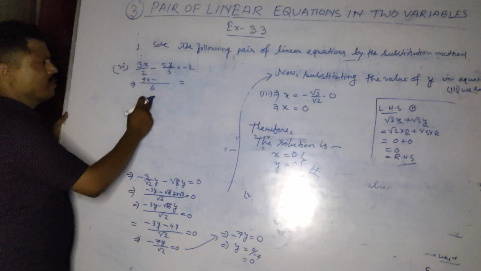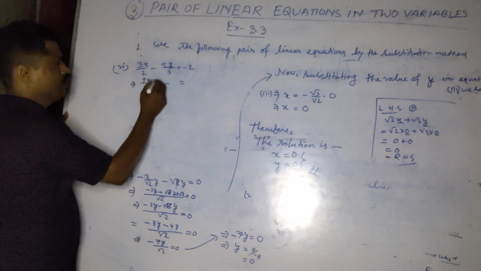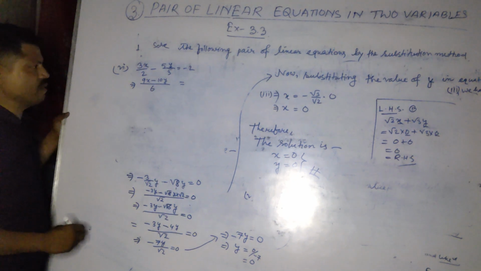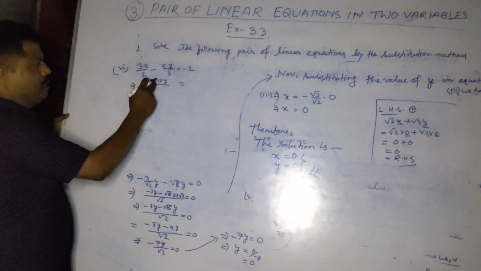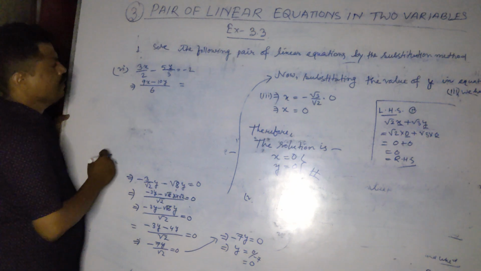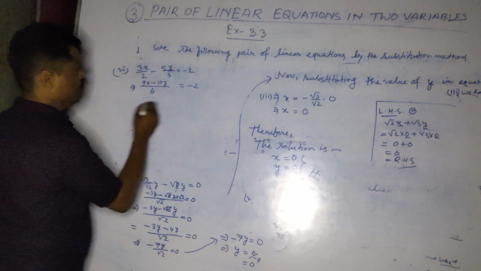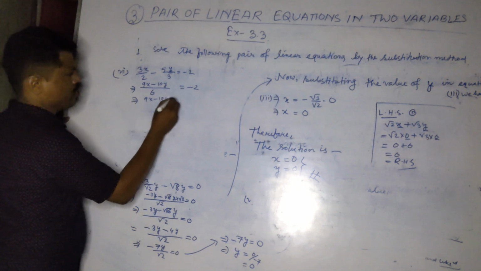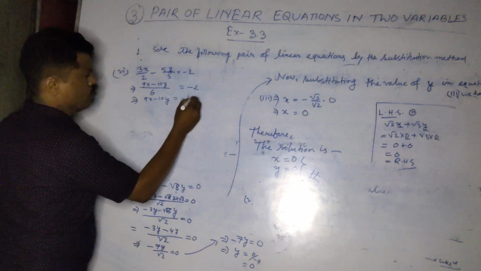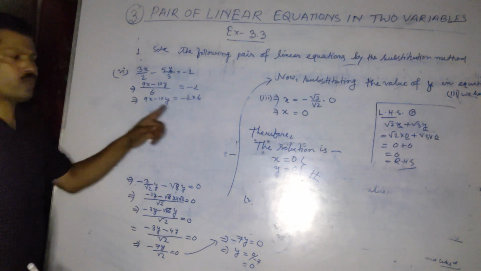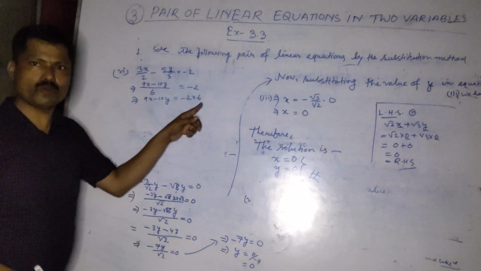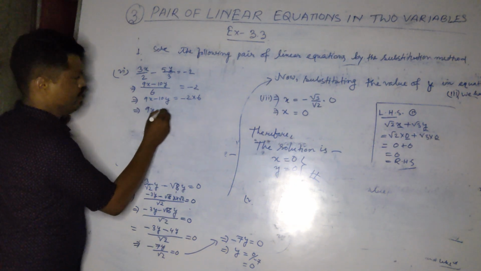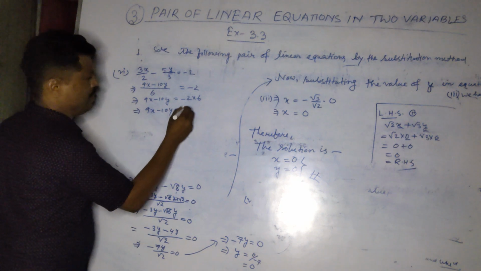So 3 in 6 two times, 2 into 5 will be 10y. So 9x minus 10y is equal to minus 2 into 6. Minus 2 into 6 is minus 12. Here 9x minus 10y is equal to minus 12.